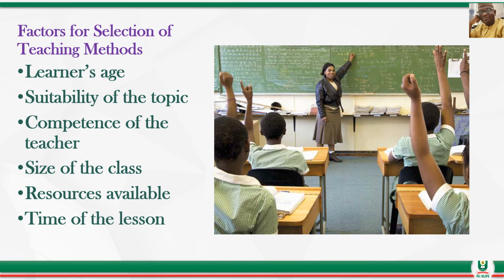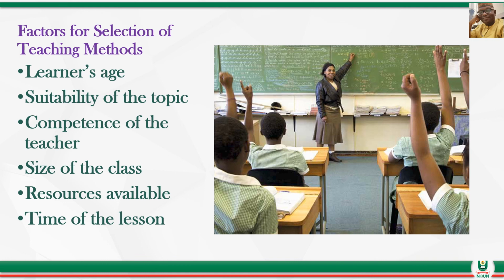Then the resources available. The resources available to a teacher often constrain him in the selection of the method. If a school does not have a laboratory, for instance, it is impossible for the teacher to employ the laboratory method. However, he can use the demonstration method in the class to show how some of the practical skills can be attained.